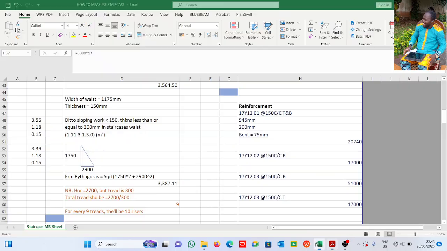Let us see how I did that. See, 945. I added 200, then I added the bent. So I will not be far from the actual dimension because I am solving an exam question. But if it were for reality, I'm working on a particular area, I won't do it like that. I either go to Bluebeam or Plan Swift.